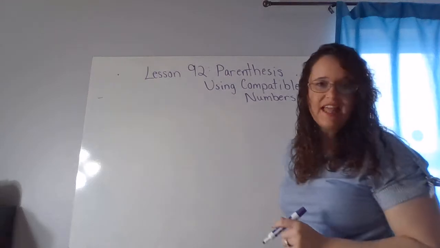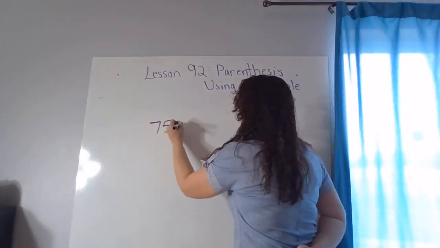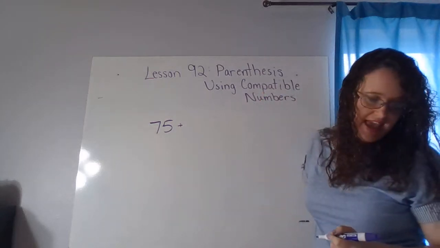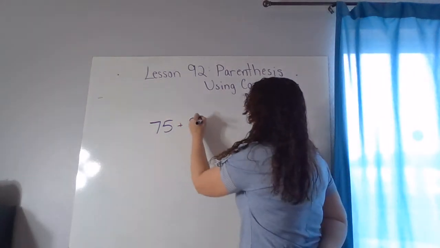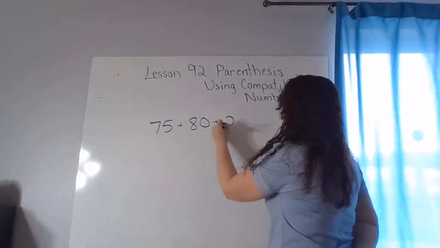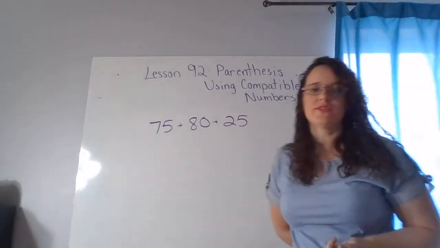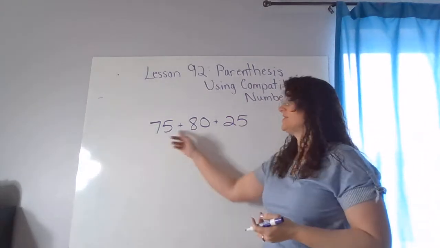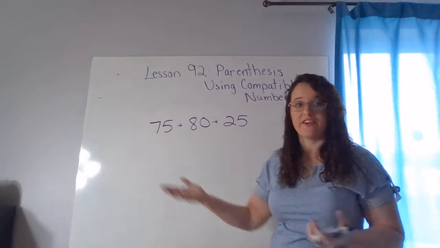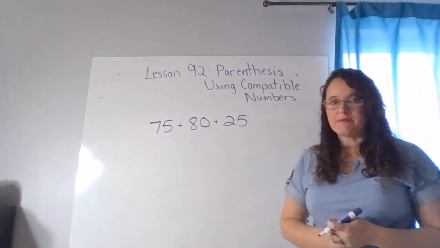So let's look at another compatible number problem. It says the supply closet has 75 crayons, 80 pens, and 25 pencils. And then the question says, how many writing tools are there all together? I already showed you the addition, but all together tells us we are going to add. Do you see any compatible numbers here?